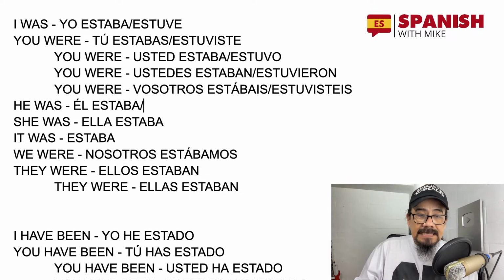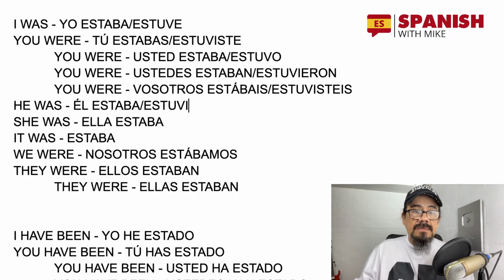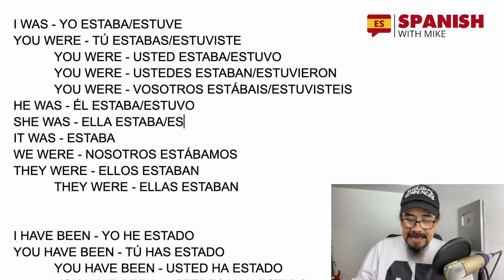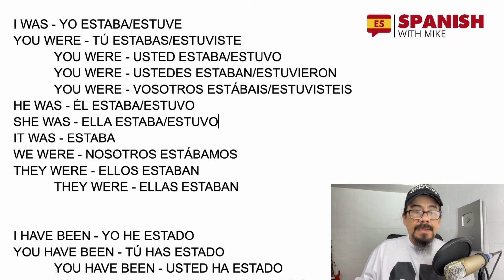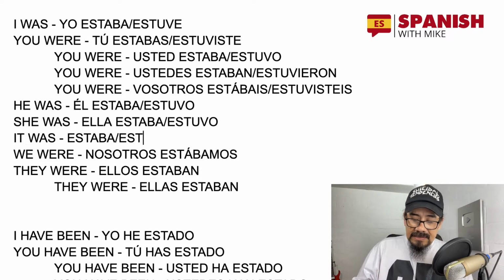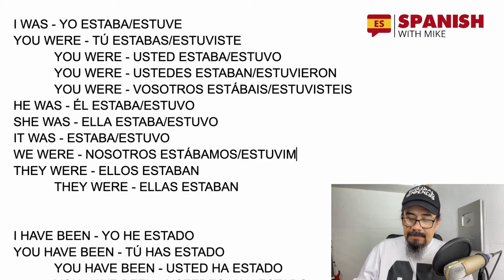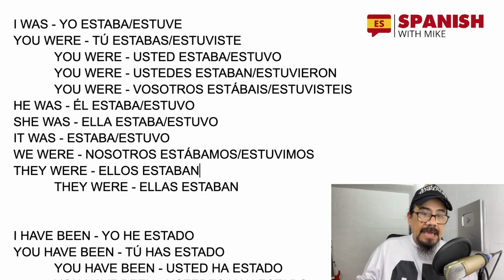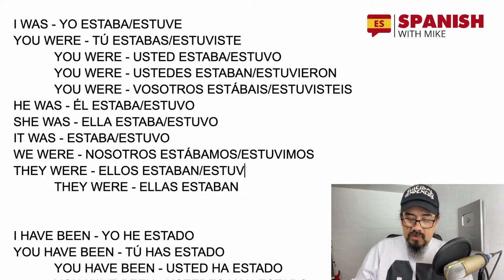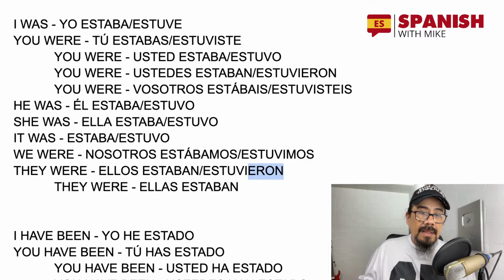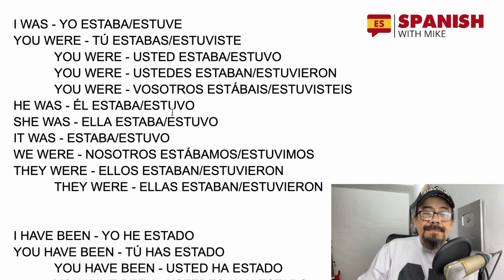He was, él estaba o él estuvo, same. She was, ella estaba, ella estuvo. It was, estaba, estuvo. We were, nosotros estábamos, nosotros estuvimos. They were, ellos estaban, ellos estuvieron, male. They were, ellas estaban, ellas estuvieron, female.